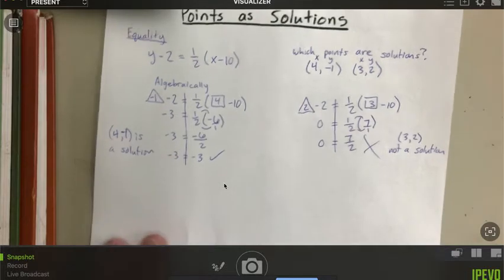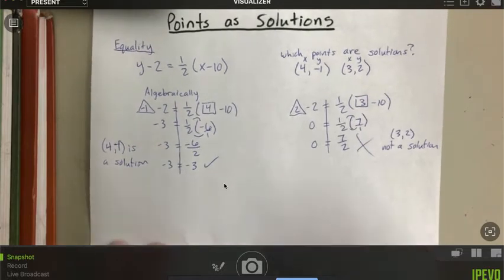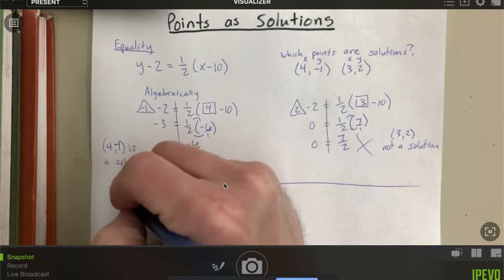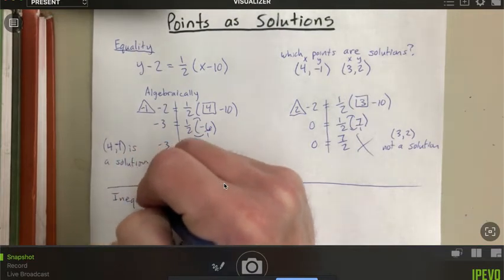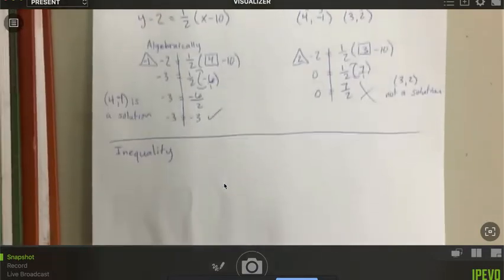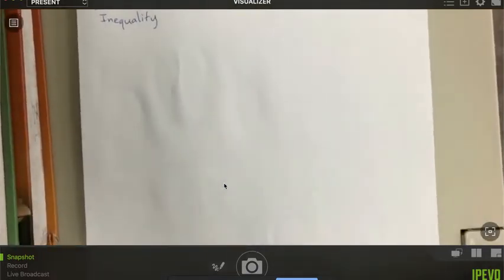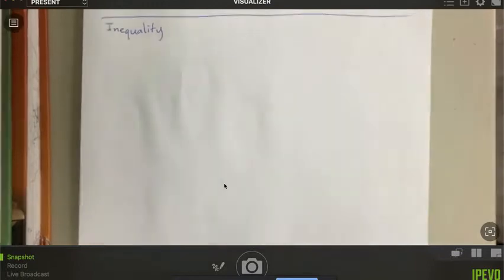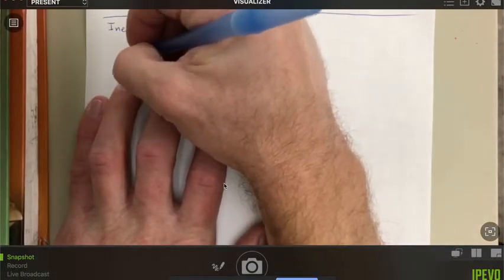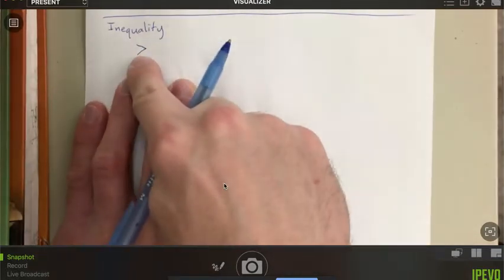All right, so the one thing I'm going to change is we're going to look at inequality. And you should have seen this before. So I'm going to introduce two symbols. All right, so here's one.